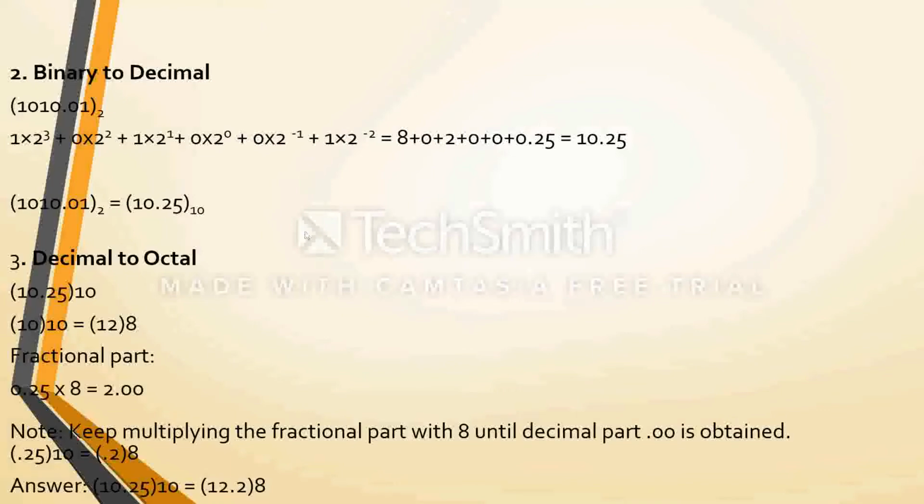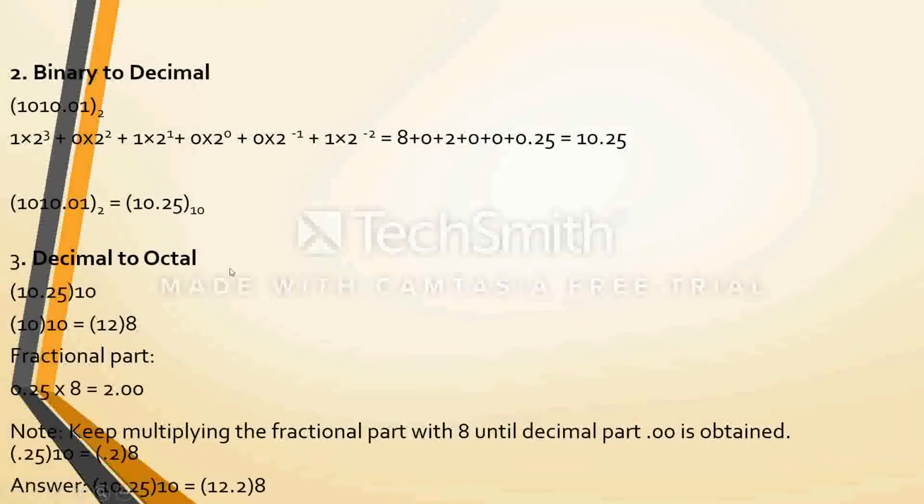Whereas the fractional part has to be multiplied by 2 till you get the fractional part as 0. Then how to consider that value? That has to be considered from top to bottom. Then for binary to decimal, based on the weightage assigned to each bit position, you have to convert it like this.